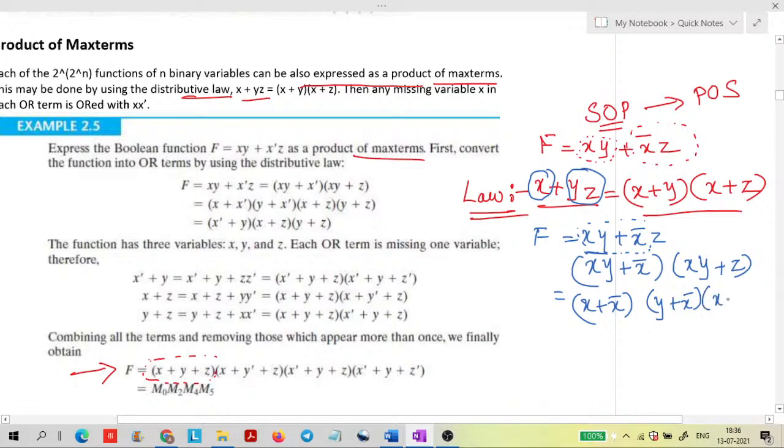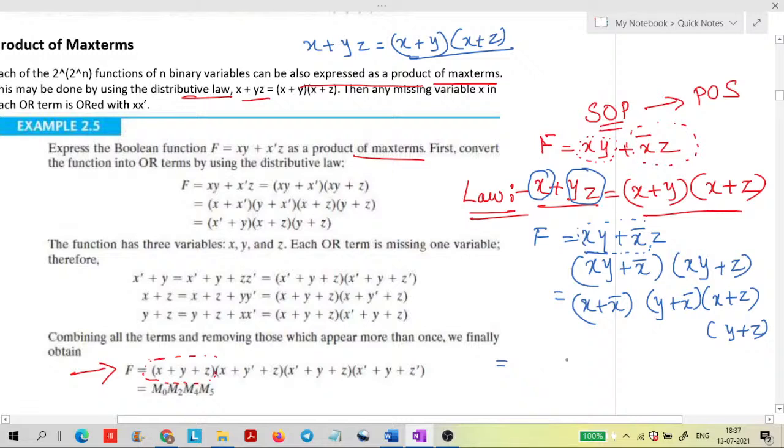And here x plus z, again we are simplifying, x plus z into y plus z. Again we applied the distributive law. What is the distributive law? X plus yz is equal to (x plus y) into (x plus z). We applied this law.